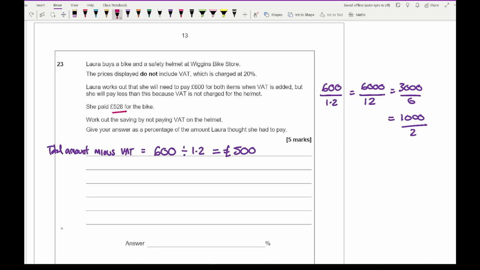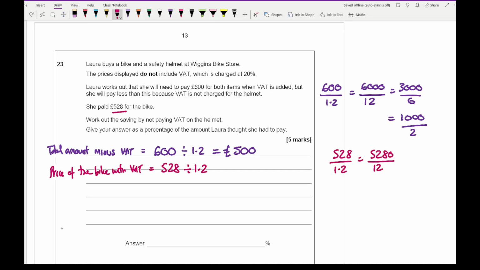So the price of the bike with VAT. So that's going to be 528, again divided by 1.2. So I've got 528 divided by 1.2, which is 528 over 12. Stick a 0 there.